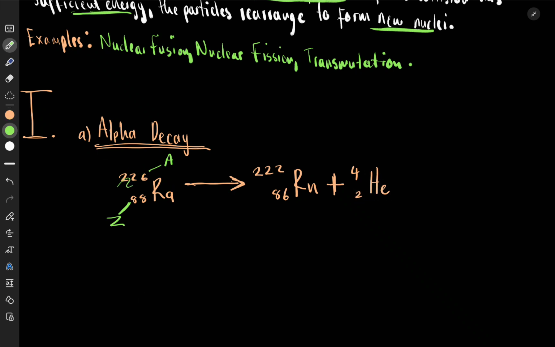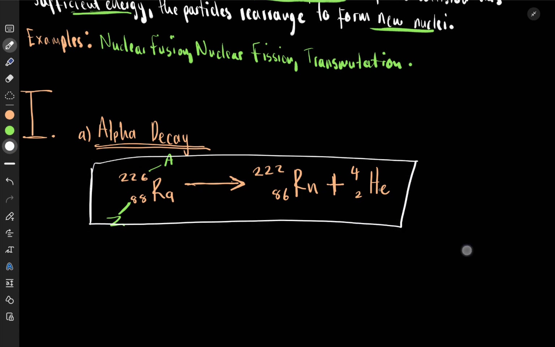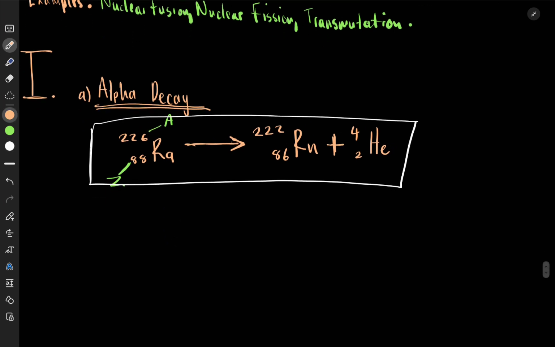This is the alpha particle, like a helium nucleus. Instead of helium, we may put an alpha particle, although most of the time we would write He. So this is our alpha decay, and that's how we would write it.